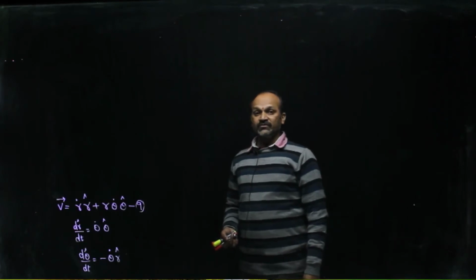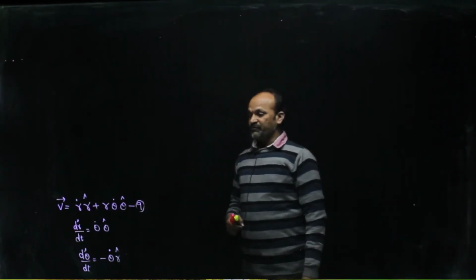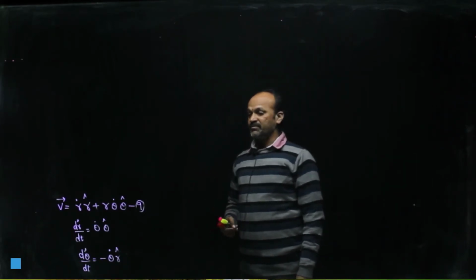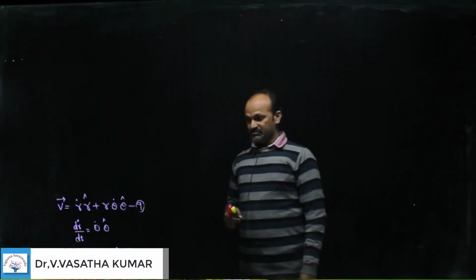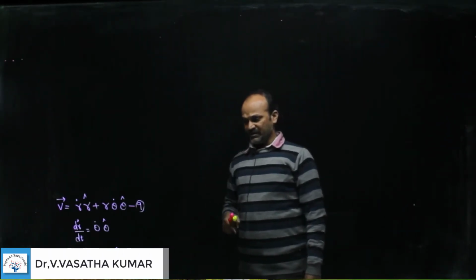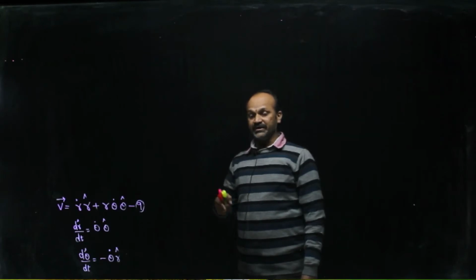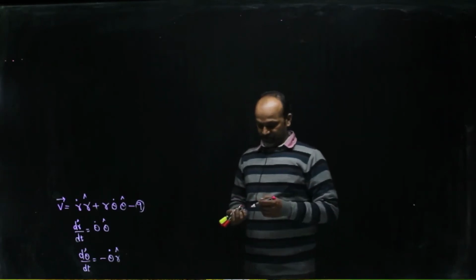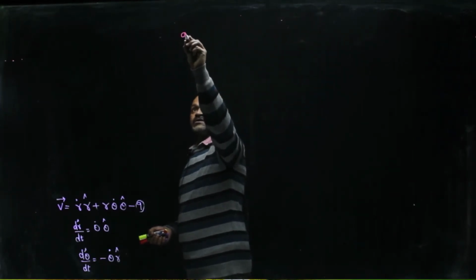So velocity of the particle in polar coordinates, we got V bar is equal to r dot, that is dr by dt, r cap plus r into theta dot theta cap. And previously we derived values for dr cap by dt and also d theta cap by dt. Now we will see acceleration of the particle.